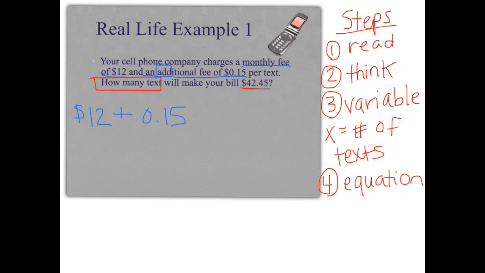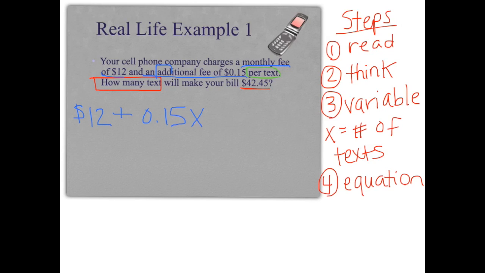Well, let me give you a hint. Whenever you see per anything, per text, per year, per month, that per whatever should sing a ding ding ding in your head to let you know, hey, insert variable here. So since it's 15 cents per text, that variable is going to go with the 15 cents.